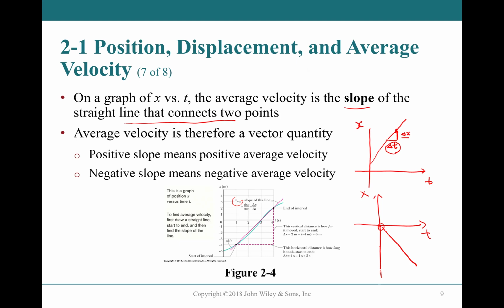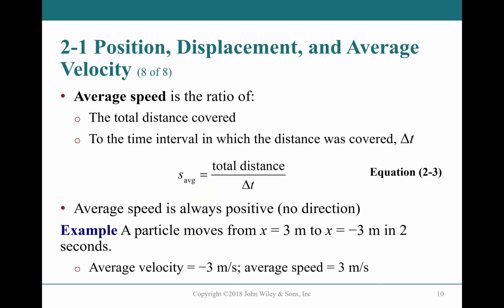So here, what I want to show you is this picture and the definition of slope, and actually slope is the average velocity, from these 2 points. And we also have average speed. Average speed is the total distance divided by the travel time.